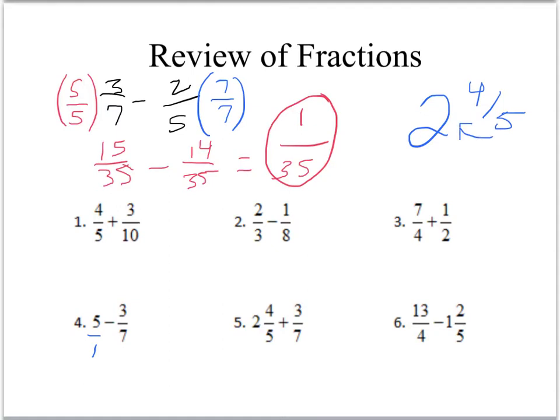So you're going to multiply 2 times 5, which is 10, and then you're going to add 4, so you're going to get 14/5. So in problem number 5, you're really going to take 14/5 plus 3/7. Same thing with number 6. You're going to want to change 1 2/5 to 7/5 before you get your common denominator and subtract. So on a sheet of loose leaf, I want you to pause the video and I want you to do these first 6 problems.